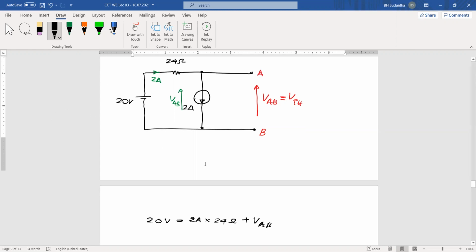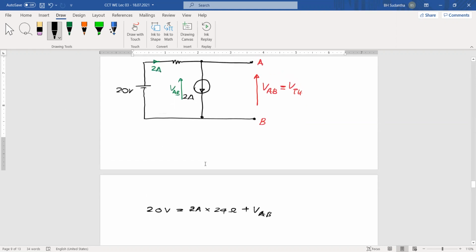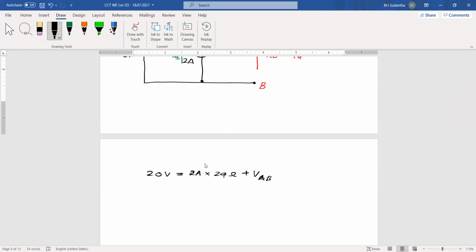Okay. 20 equals 48 plus VAB, then VAB equals minus 28 volts. Okay, and this is VTH.